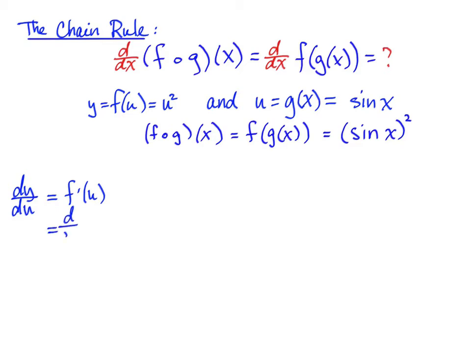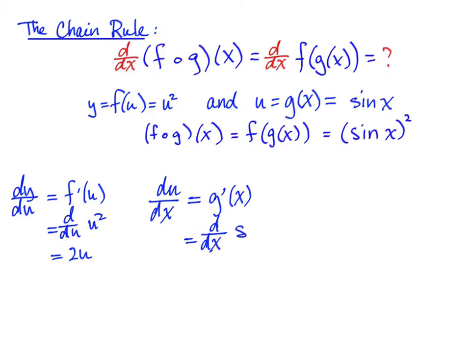So we're just differentiating u squared with respect to u. So with respect to u, that derivative is just 2u. And then if we want to differentiate the inside function with respect to the variable x, we're finding g prime of x, and that's just the derivative of the sine of x, which we know is the cosine of x.